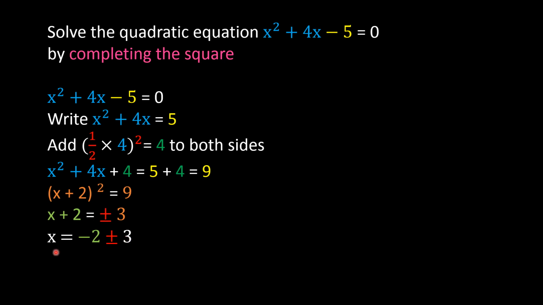So our roots will be, the first root will be minus 2 plus 3, that is 3 minus 2, which is 1. The second root will be minus 2 minus 3, which is minus 5. So 1 and minus 5 are the required roots of this quadratic equation.